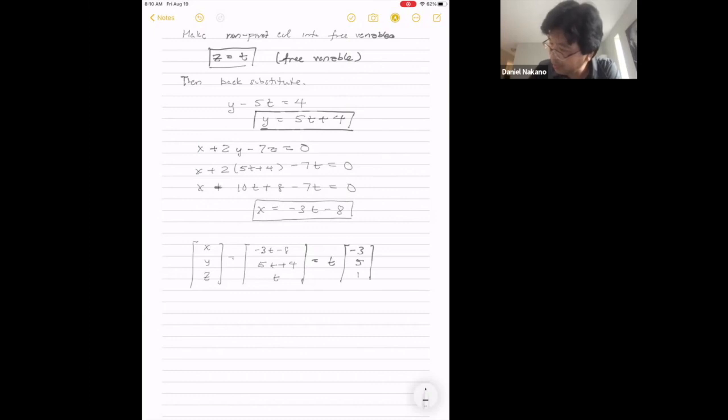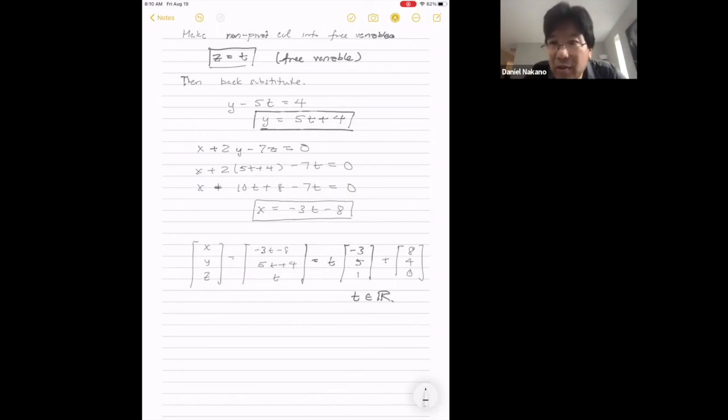So t can be anything you want. And then you have 8, 4, and a 0. Okay. All right, so this is our solution set where t is any real number.